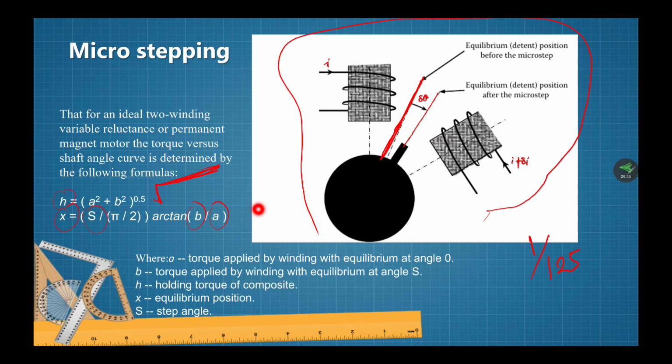A step angle of 1 per 125 of the full step or smaller may be obtained through microstepping. For example, if we have 100 steps per revolution, 10,000 steps per revolution may be achieved. The step size in a sequence of microsteps is not identical.